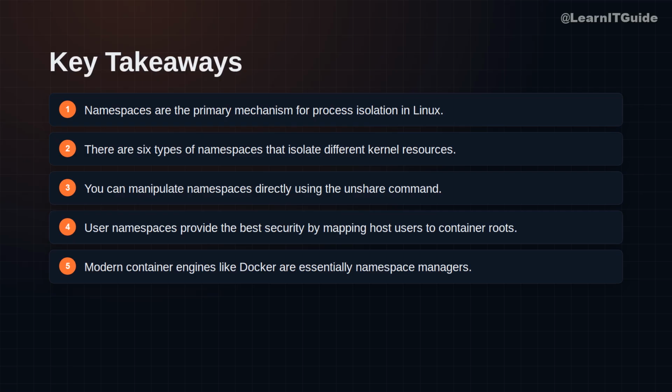User namespaces provide the best security by mapping host users to container roots. Finally, remember that modern container engines like Docker are essentially just managers for these kernel namespaces. Use this knowledge to build safer, more secure applications.